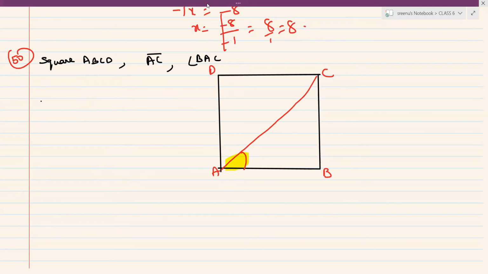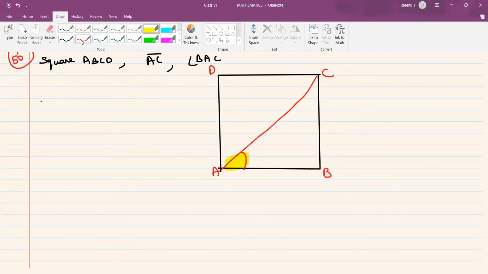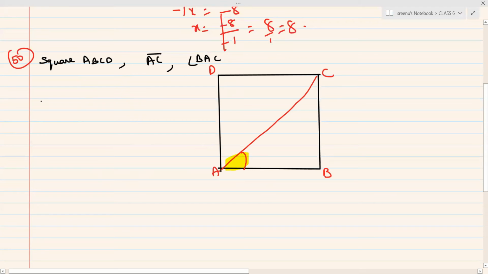If you want to know that angle, you must know the sum of adjacent angles. That means, what is this angle first? In a square, all the angles are 90 degrees. Each angle is equal to 90 degrees. Then this diagonal AC divides the square into two congruent triangles.